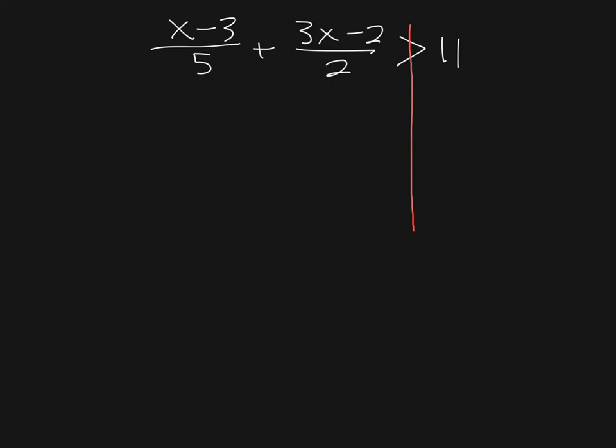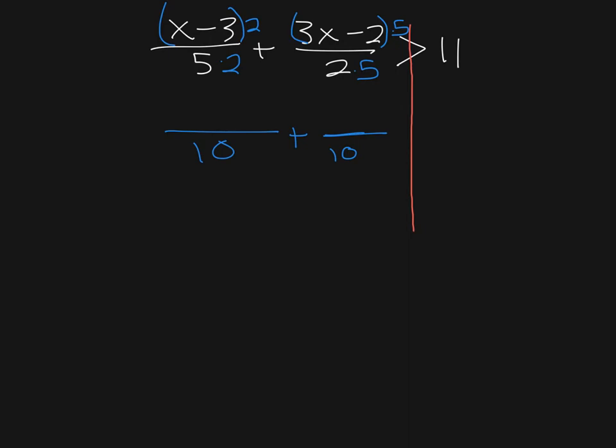So what I could do is multiply this denominator by 2, which means I would also have to multiply this numerator by 2. Same thing with the second denominator. To get 10 I would have to multiply by 5, which means I would have to multiply this entire numerator by 5.